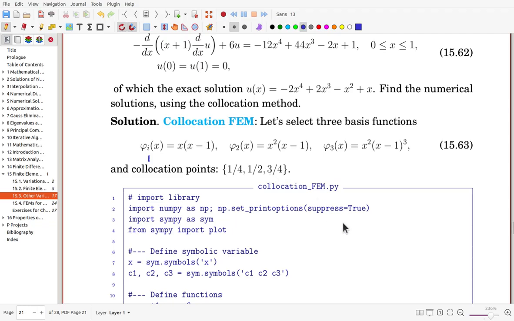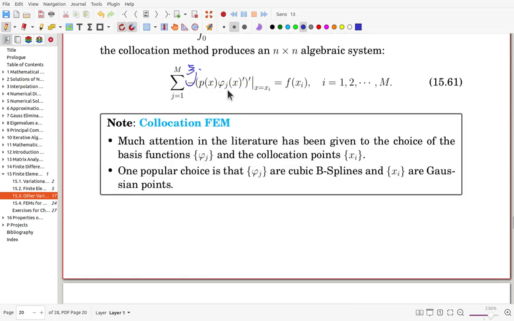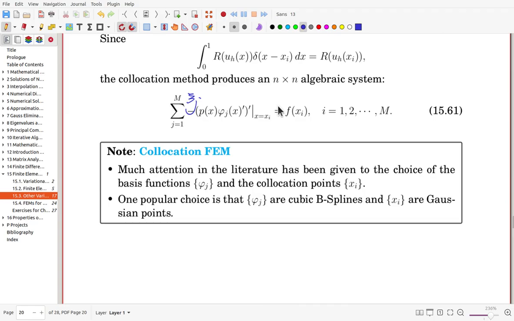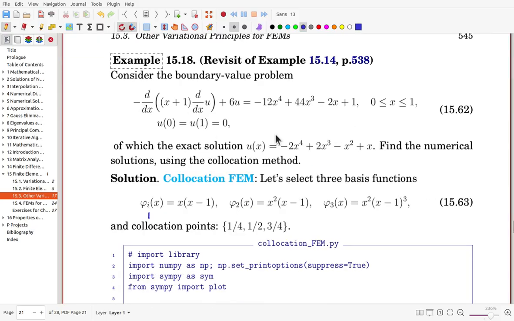So we may get a 3 by 3 system, and after solving it, we can find the solution. Now the code is in Python. By using a symbolic tool, we can get differentiation, because here you have to get this differentiation, and then evaluate after differentiation at the collocation points. So that's the reason I chose to use the Python symbolic tool.